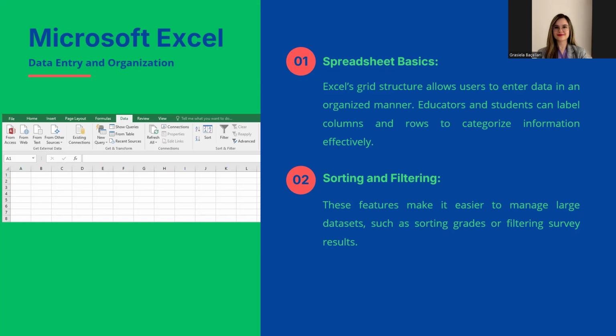We can also use the sorting and filtering features to filter through our large dataset. For example, we can sort grades or filter our survey results. A teacher, for example, using Excel can create a gradebook. Columns are the assignments and rows are the students' names.